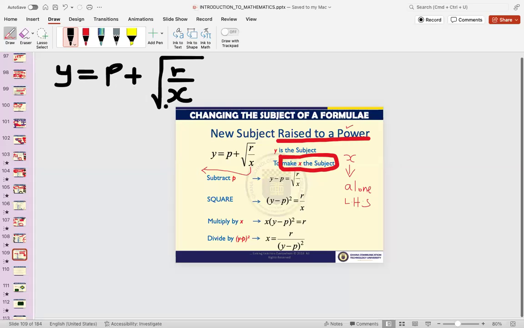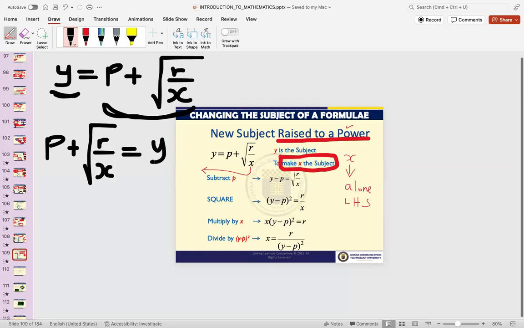First of all, we should do the swap again, the swap I did mention to you about. So we are picking all those on the right and swapping them to the left, and all those on the left, we are swapping them to the right. So in rewriting, we have this expression: P plus the square root of R over X is equal to Y. In that case, everything will have to get off here and then X will stand alone here.